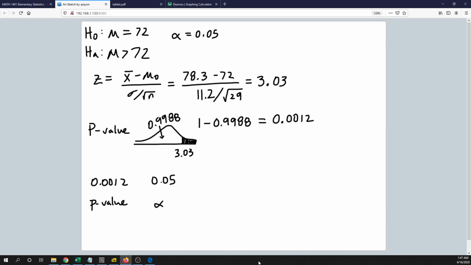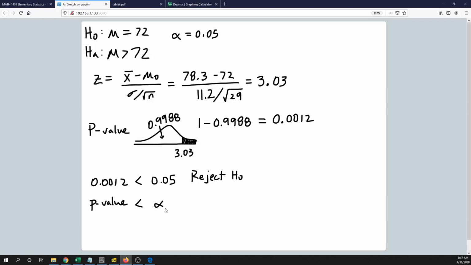Okay, we look and see which one of these is bigger. Well, the level of significance is bigger. So the p-value is less than alpha, so we are going to reject the null hypothesis, because the p-value is less than the level of significance.